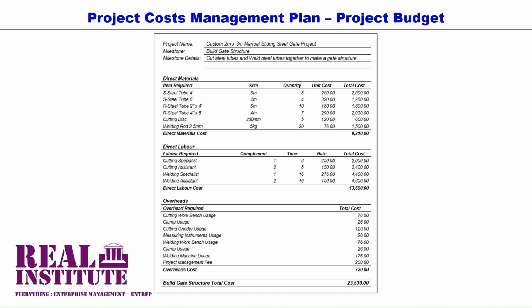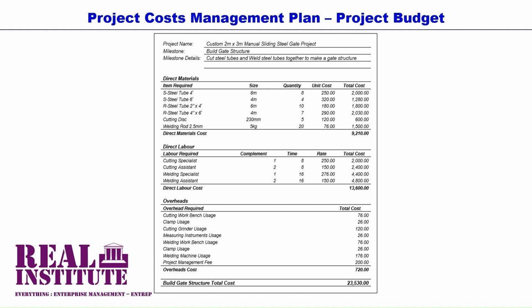A cost of 120 is for the cutting grinder usage. Then a cost of 26 is for the measuring instruments usage. A cost of 76 is for the welding workbench usage. A cost of 26 is for the clamp usage. A cost of 176 is for the welding machine usage.